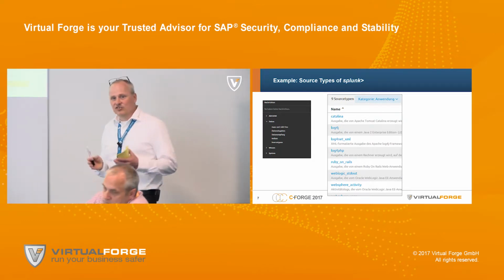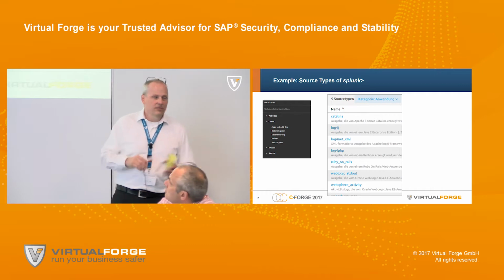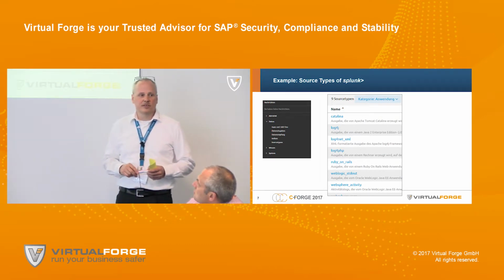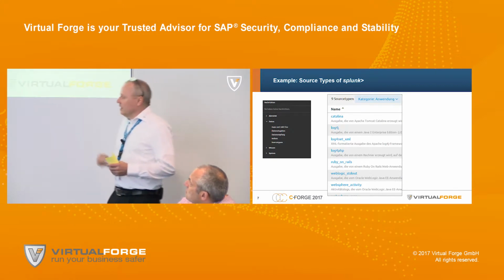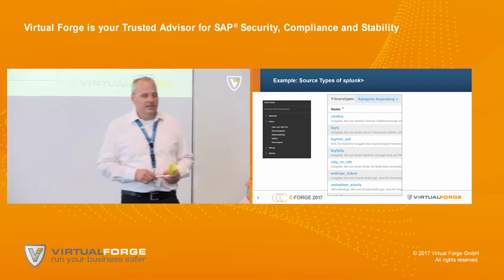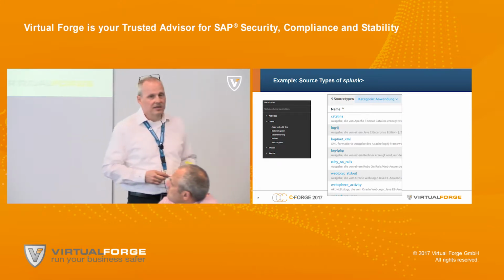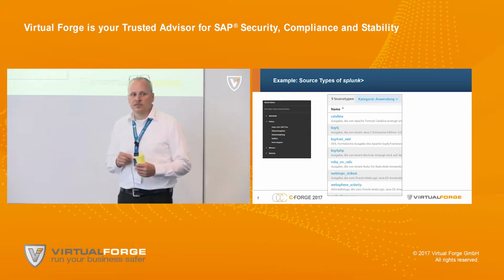And that's the issue that we deal with if we install a Splunk or whatever SIEM system in our landscape. And I know that there are add-ons for Splunk, for ArcSight, and for the other leading SIEM systems to connect SAP systems.